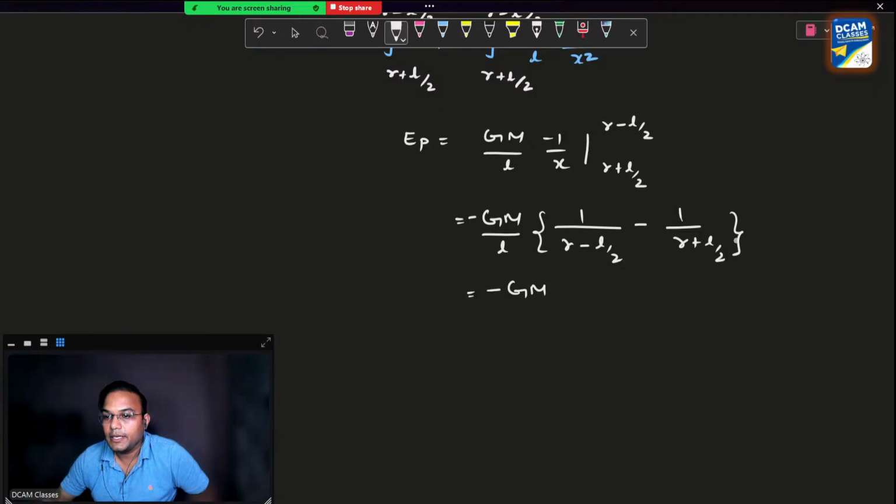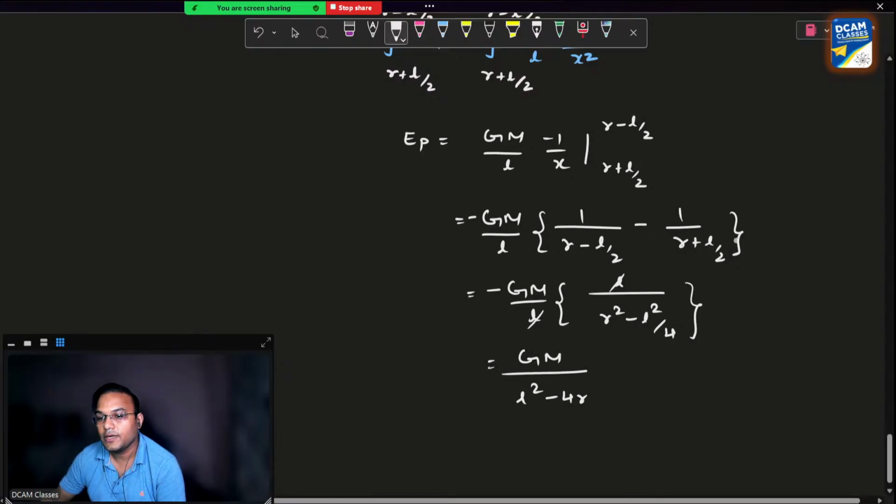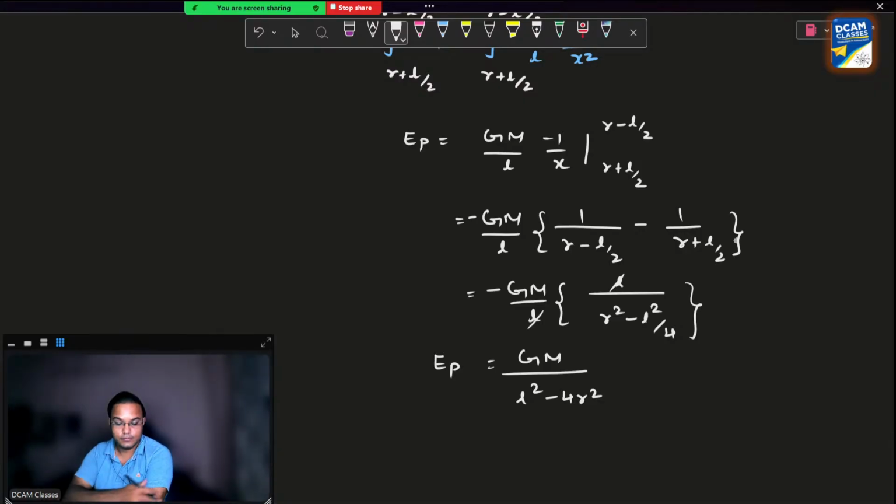It will be L divided by R square minus L square by 4. L gets cancelled. So you will get 4 G M by 4 R square minus L square. This is the field at P.